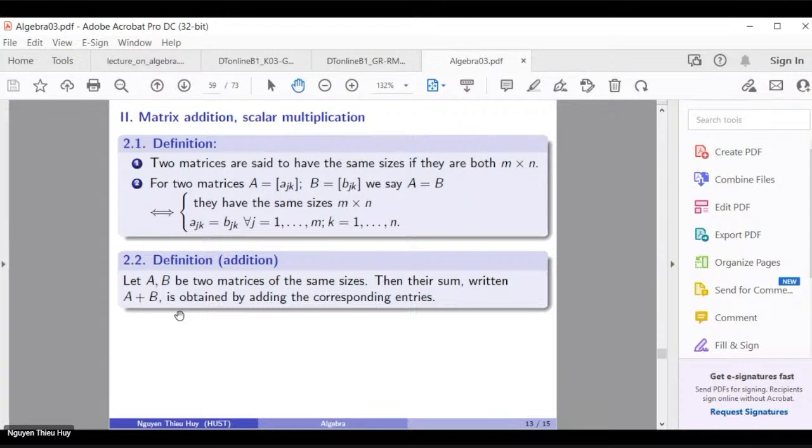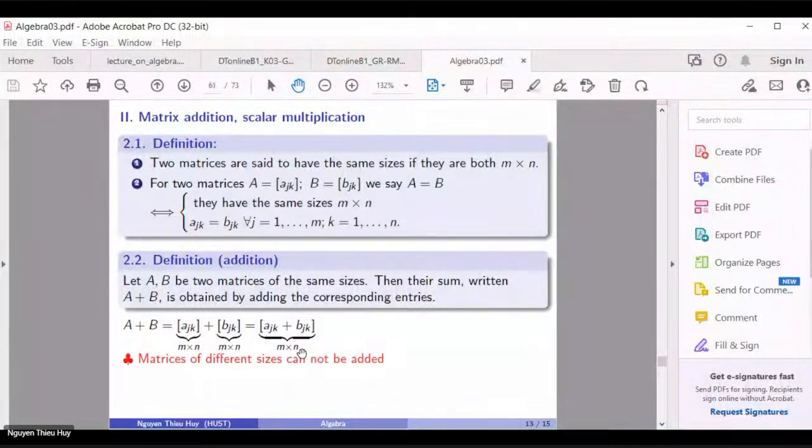It's just obtained by adding the corresponding entries. Here I write it so that you can see easily. A is an m by n matrix with entries a_jk, and B also has the same size, m by n, with entries b_jk. To add these two matrices, we add the corresponding entries, a_jk plus b_jk.